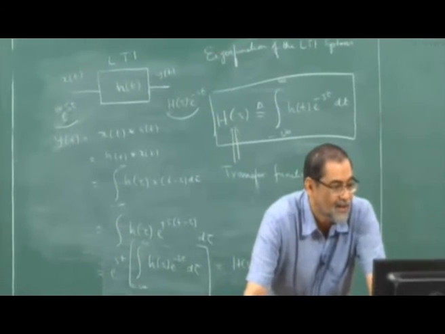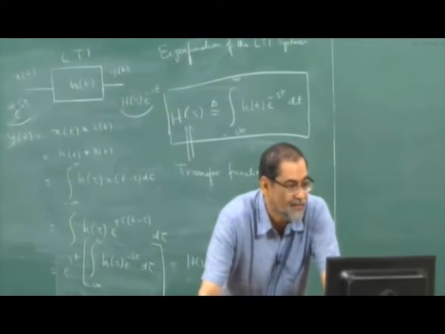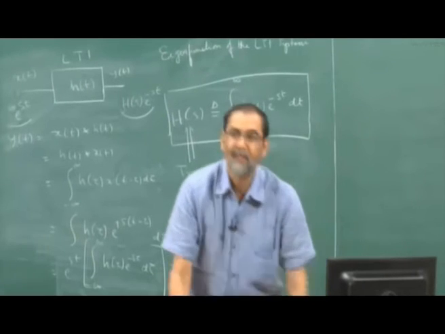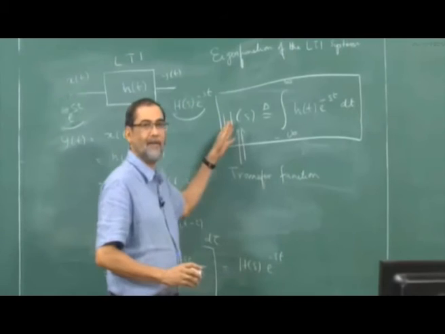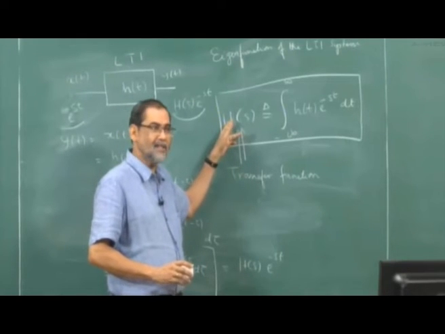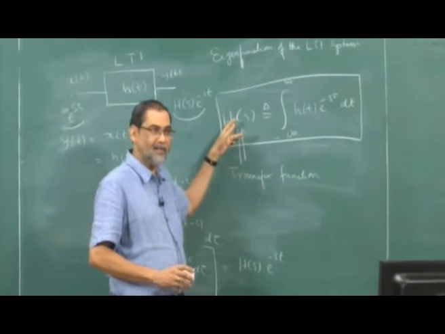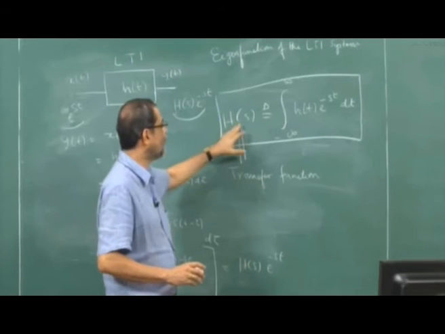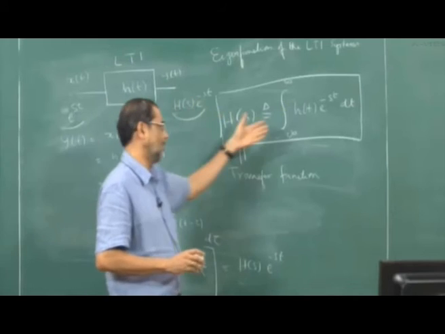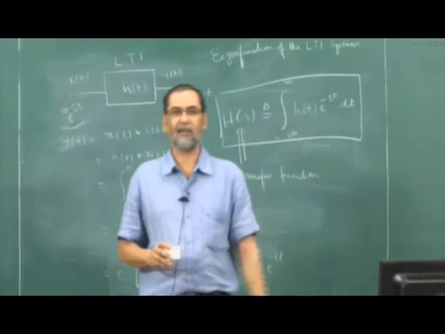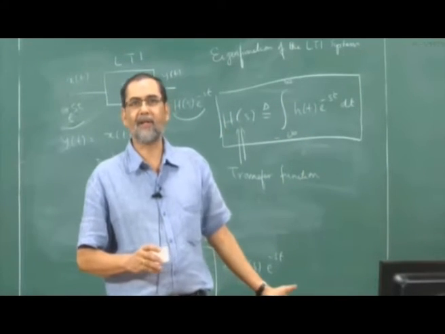From PSG Tech: similar to H of S, can we define X of S? Well, look at my definition of H of S here on the screen. Can you see this? If you see here, H of t is some signal. I can replace H by any signal, as long as that improper integral is defined.